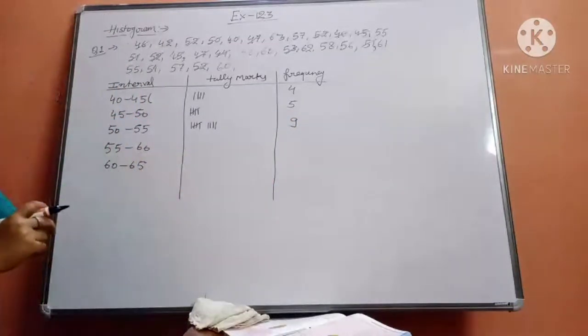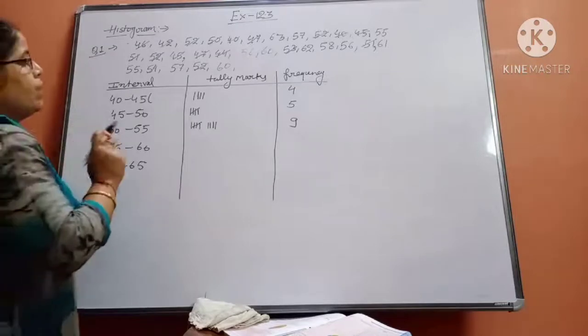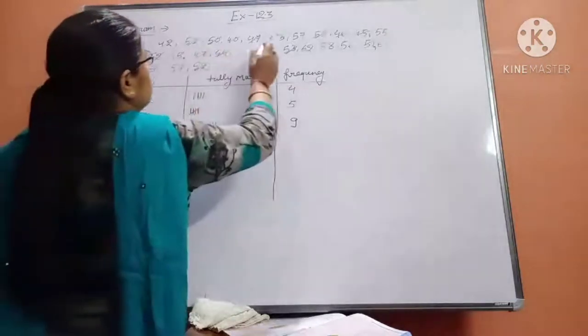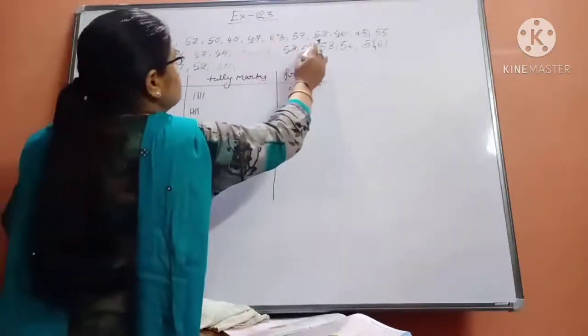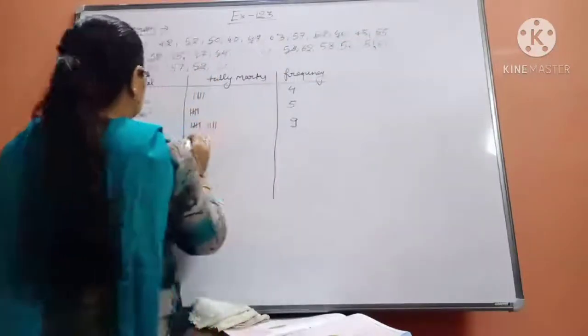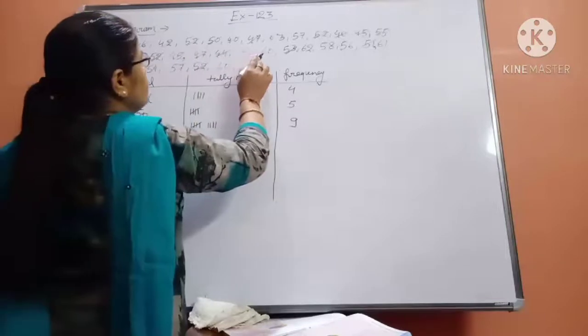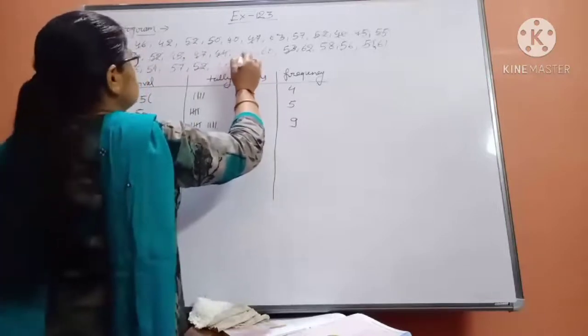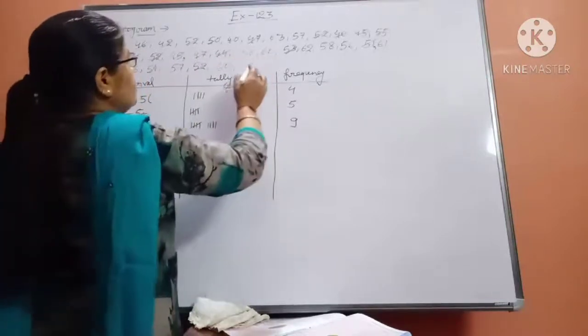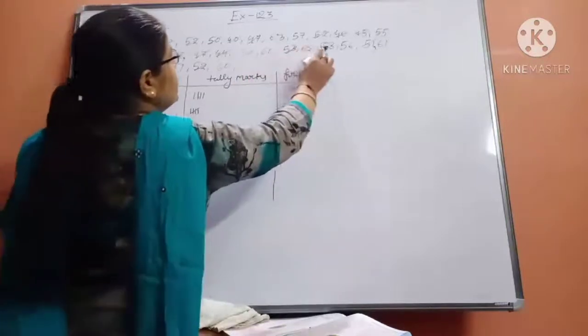Okay, 55 to 60. Now see that 55 will be included. See that 55 to 60. 55 first. 56 will come. Second. Okay.